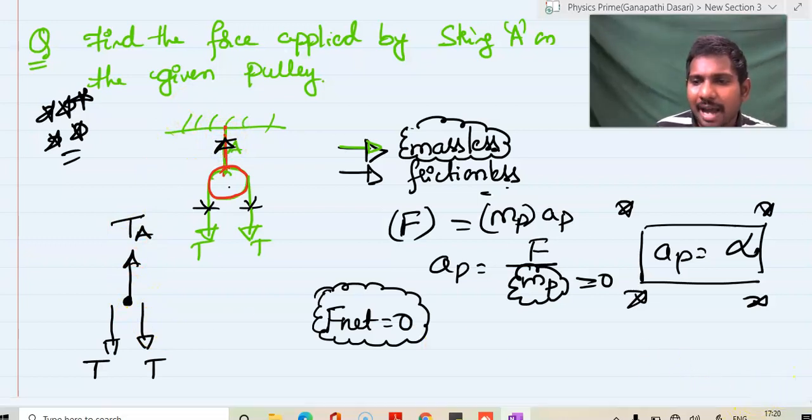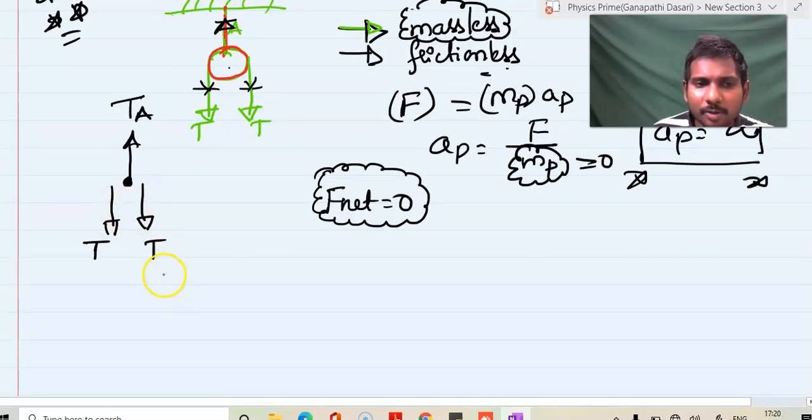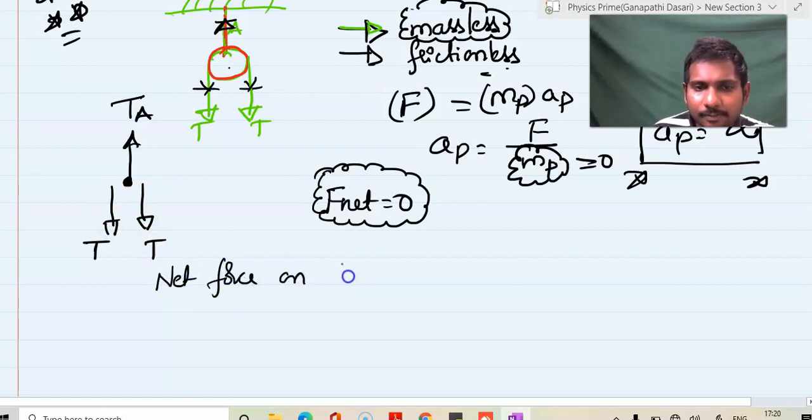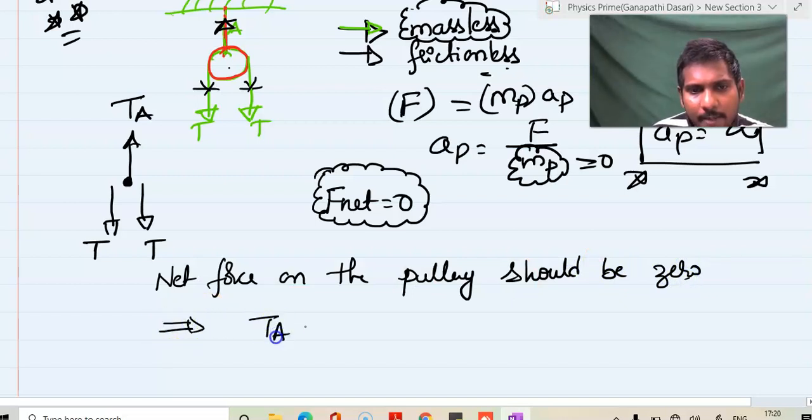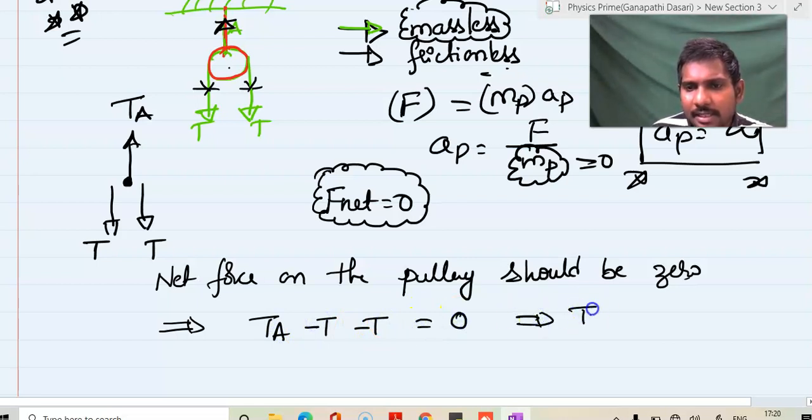If we balance the net force on the pulley to be equal to 0, that implies TA minus 2T is equal to 0, that implies TA is equal to 2T.